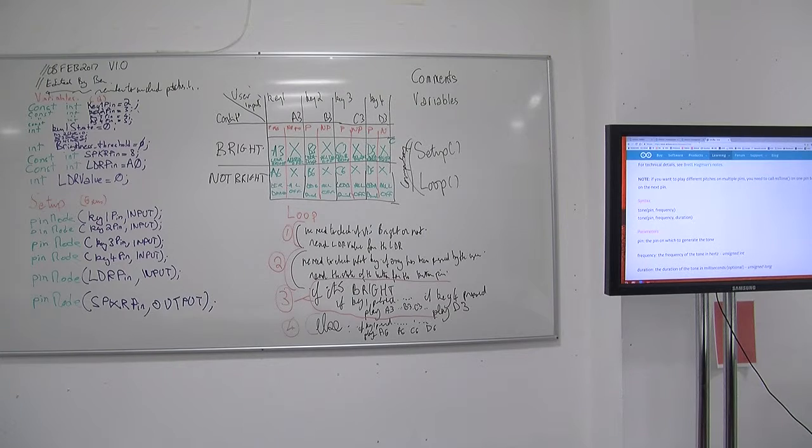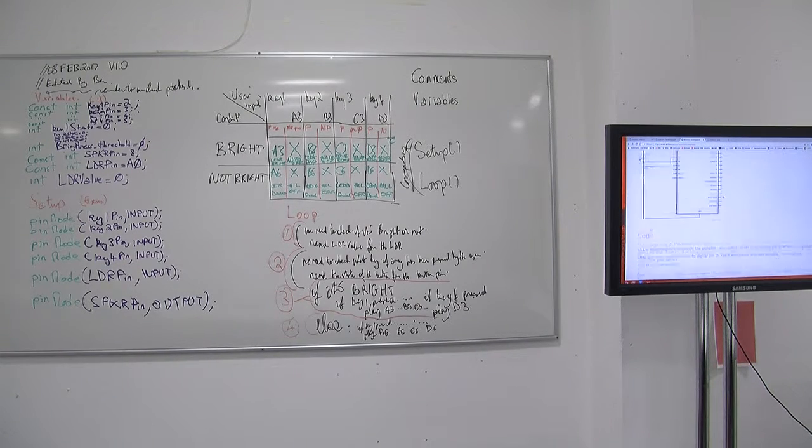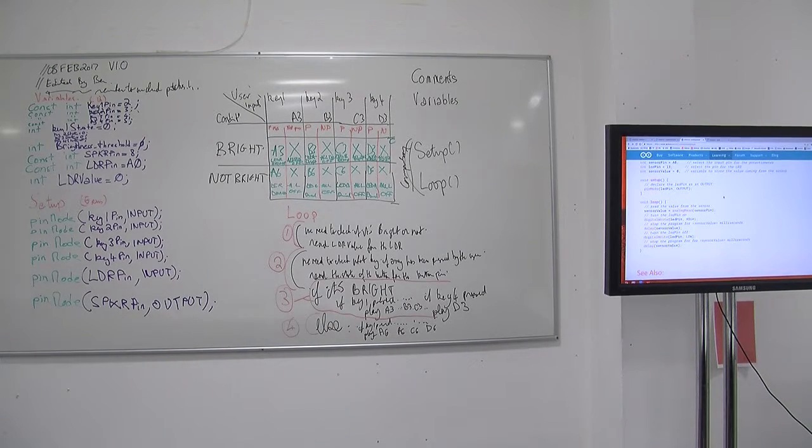So, you go to the one from the LDR. Yeah? So, we need to look at how do we get the value from the LDR. And here it is, read the value from the sensor. It says sensor value equal analog read sensor pin.